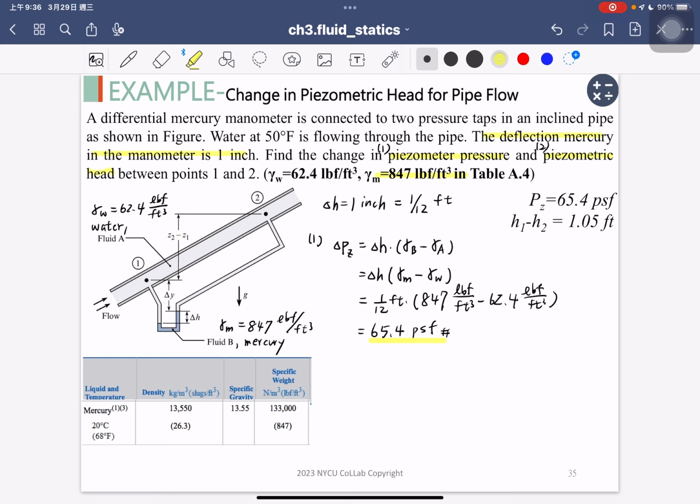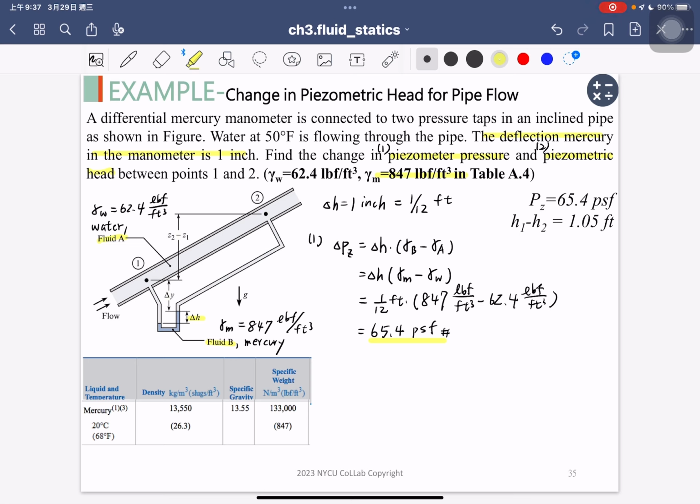So that means in the following classes, if you have a problem like this, you don't need to apply the hydrostatic equation step by step, because you already know that if we want to measure the piezometric pressure difference, it is just based on the diffraction height, what your manometer fluid is, and what your flowing fluid is.